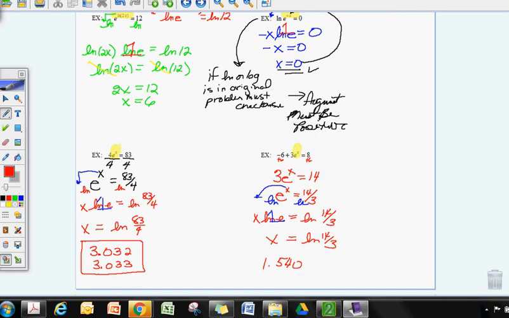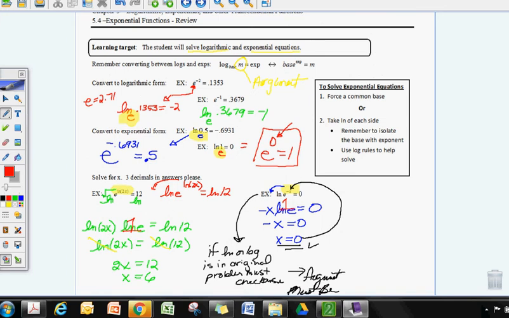Okay, so I need to zoom back up here. We have completely done number 2. We have not done anything from number 1, so I want to add in a problem, and I'm going to put it in black ink. To show you how to force a common base, the problem is 25 raised to the 4x power is going to equal 125.